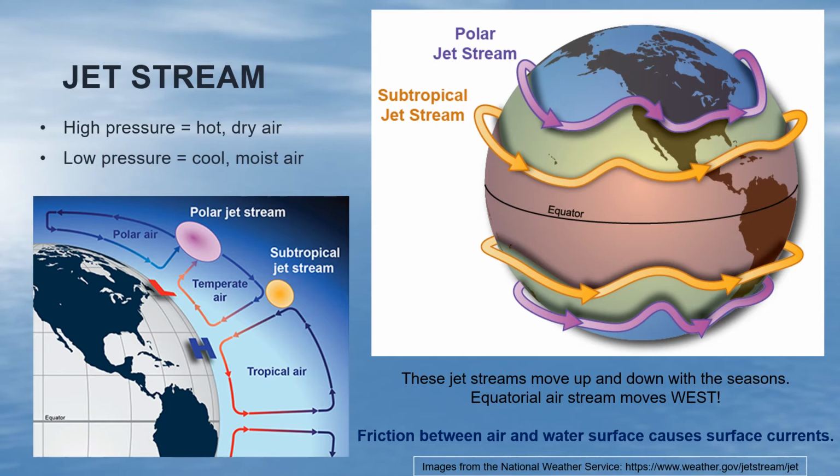And so you get what's called a low pressure system forming in that polar jet stream area. So a low pressure system is associated with cool, moist air, and that's typically what we see in those latitudes around the Great Lakes and Washington State. There's typically cool, moist air near that polar jet stream.